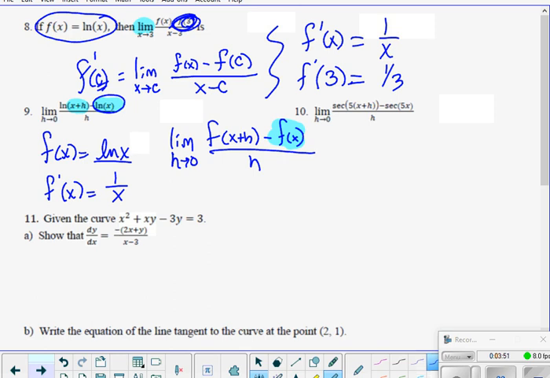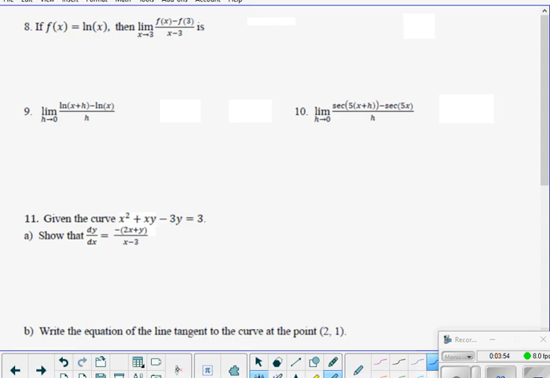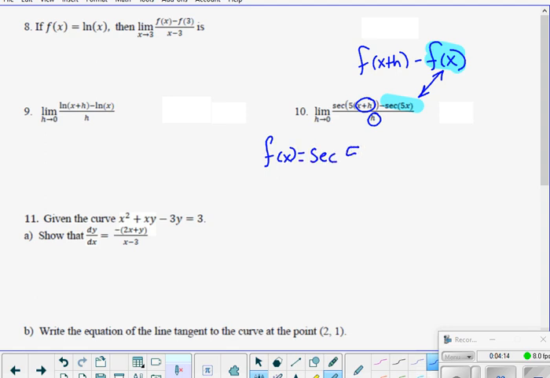How I'm going through these, I guess I'll just go ahead and do 10. So this one, driving towards 0, this is that same pattern of f of x plus h minus f of x. So I think what I'm going to do is, it's standing all by itself. This is what f of x is, isn't it? F of x equals the secant of 5x.